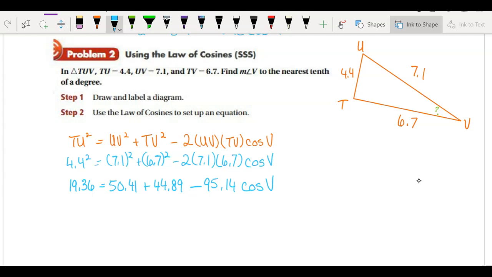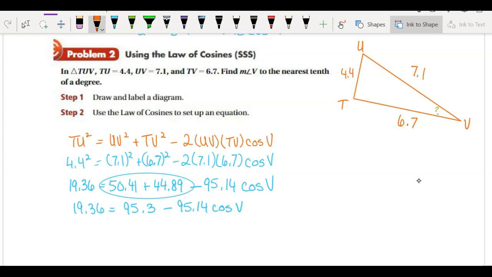So I'm going to see what I can do to simplify this. I can combine these. So I'm going to say 19.36 is equal to 95.3 minus 95.14 times the cosine of V. So now, here's my variable. Who's connected to it where it's easy to get away?